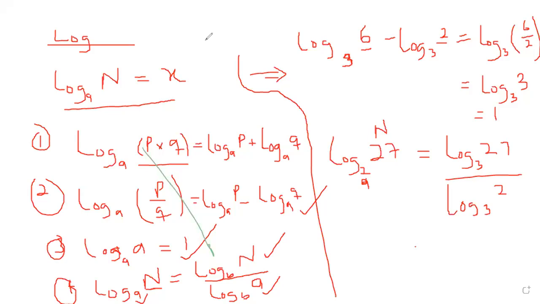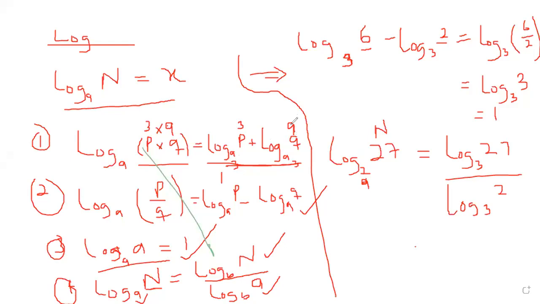Yes. If it is 3 times 9, rule 1 says that just use this expression. That will be log 3 to the base 3, then log 9 to the base 3. That is what the rule says. Log 3 to the base 3, log a to the base a is 1, so this will be 1.